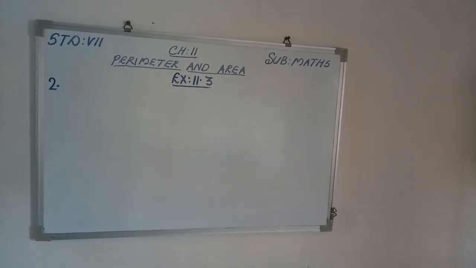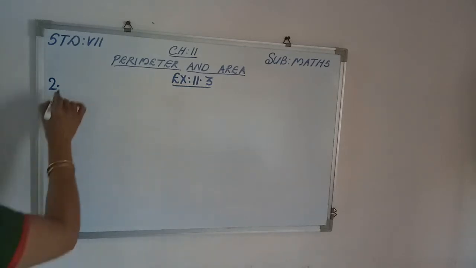Now B. In B, the diameter of the circle is given, not the radius. So we can write diameter of the circle is equal to 49 meter.